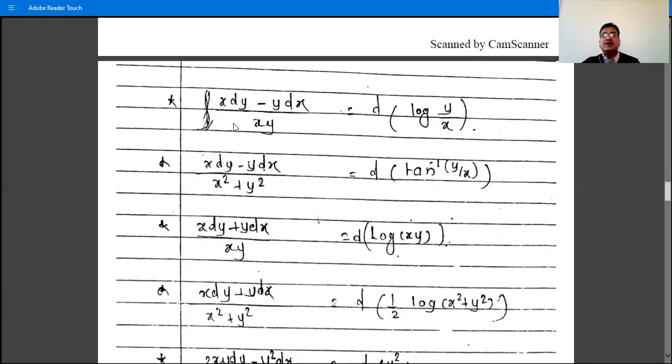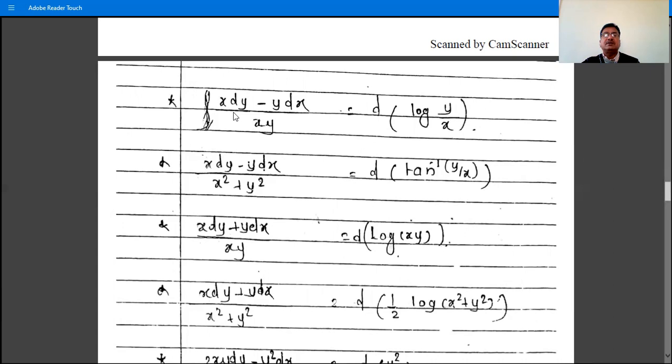If you have to write this formula in x and z, then what is the formula? x dz minus z dx divided by x into z is the derivative of log z by x. Now if you replace x by z, then z dy minus y dz divided by z into y is the derivative of y by z.